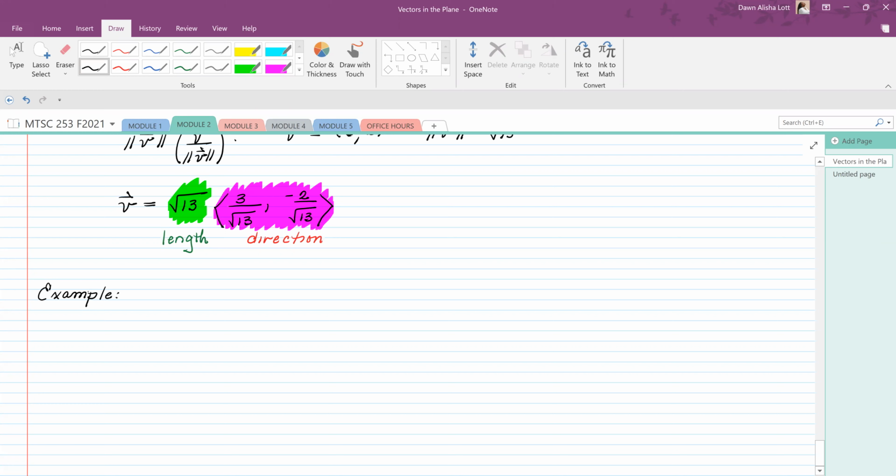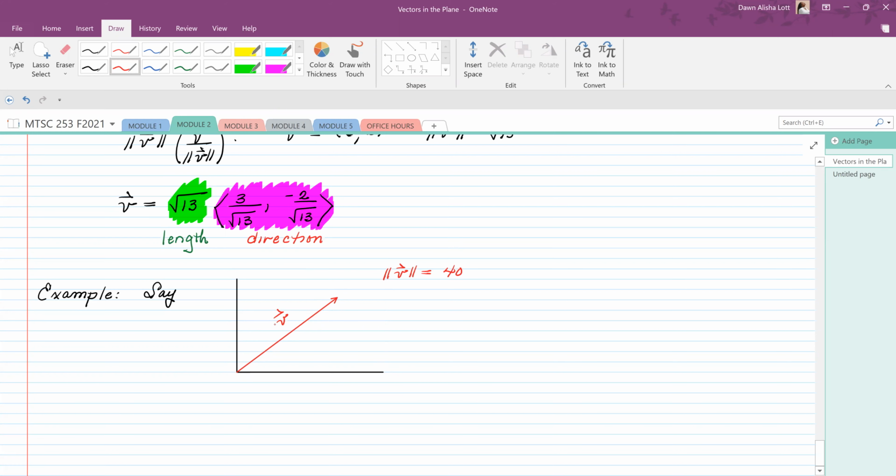So you can use trigonometry to resolve a vector into its component parts. Okay. So let's say you have this vector V, and the length of V is 40.